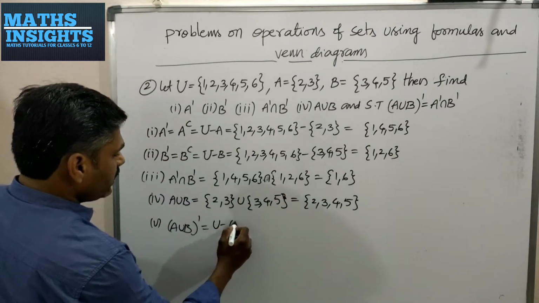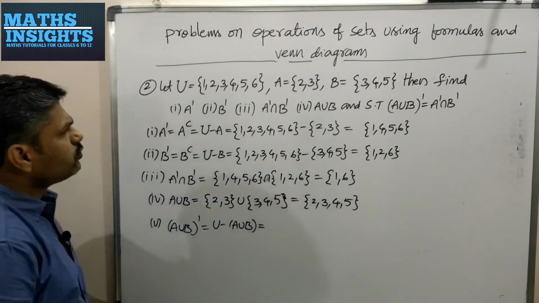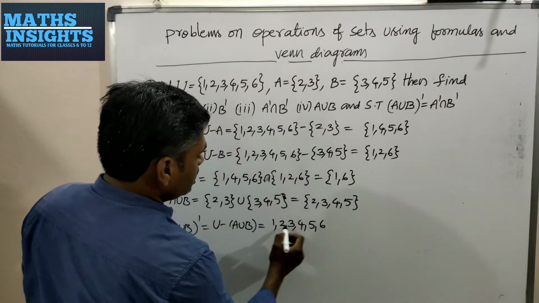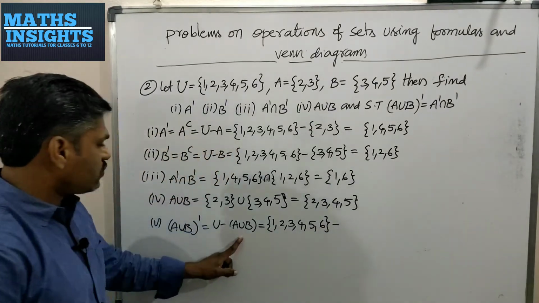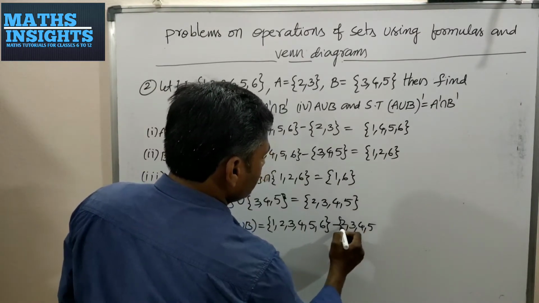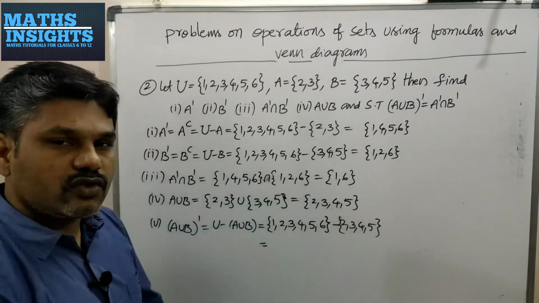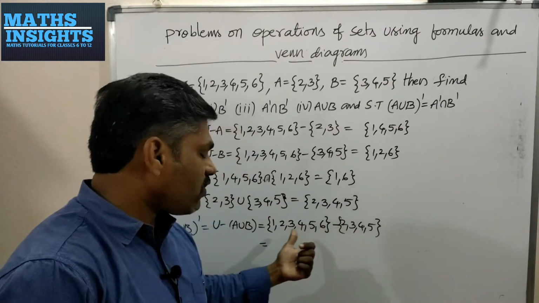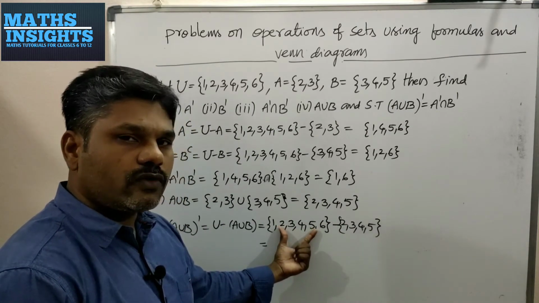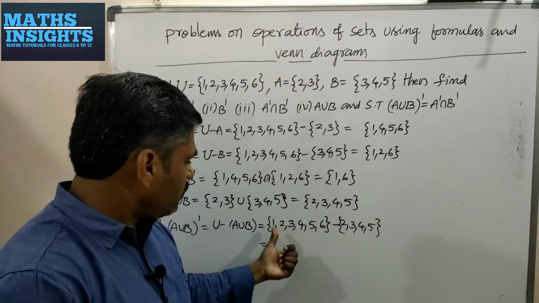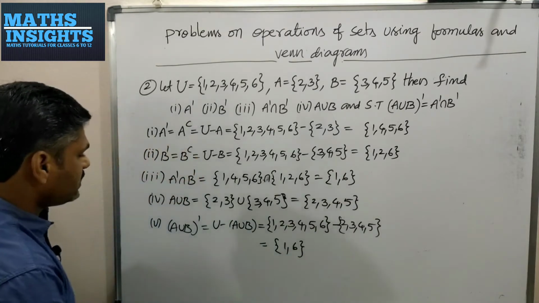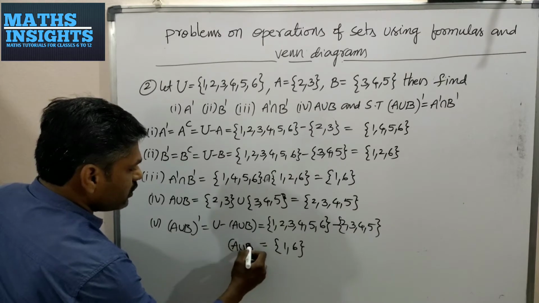That means U minus A union B, where U is the universal set, 1, 2, 3, 4, 5, 6, minus A union B, already calculated as 2, 3, 4, 5. Subtraction means you have to remove these elements if they are common. See, 2, 3, 4, 5 are all common. If you remove 2, 3, 4, 5 from the universal set, you will have 1, 6 as the remaining elements. This is the set which represents A union B whole dash.